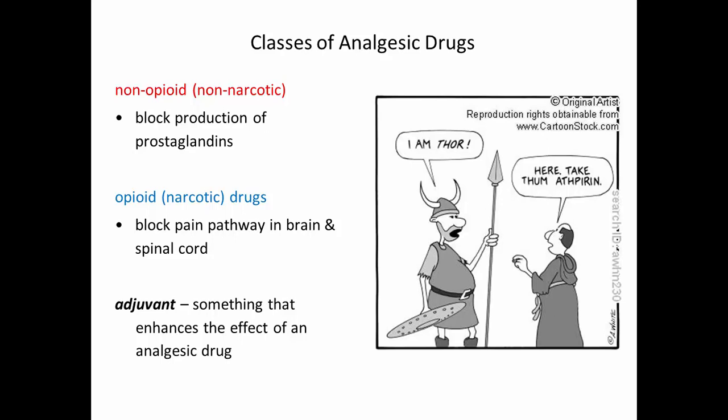Opioid and narcotic drugs block the pain pathway in the brain and the spinal cord, and what they do is they block opioid receptors. And we're going to talk about each of these. An adjuvant drug is something that isn't an analgesic drug. It doesn't block the pain pathway, but it will enhance the effect of an analgesic drug.